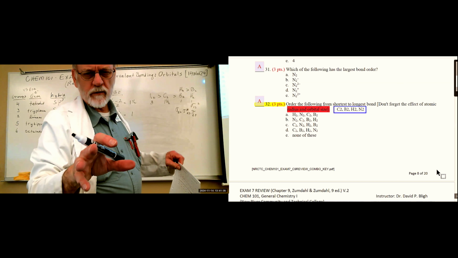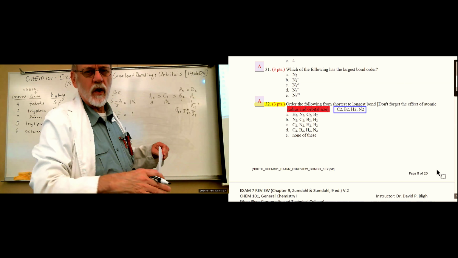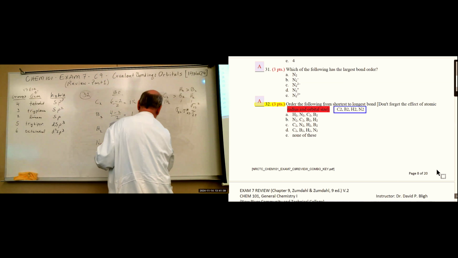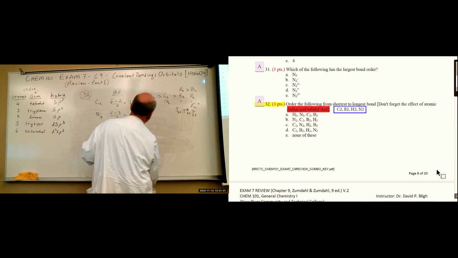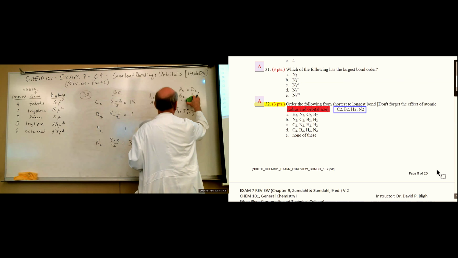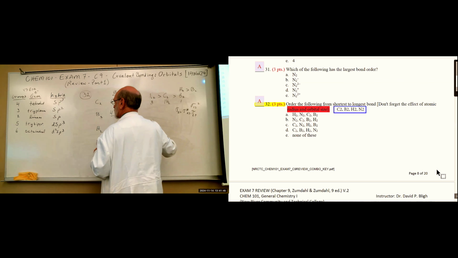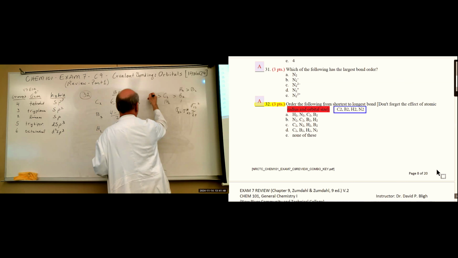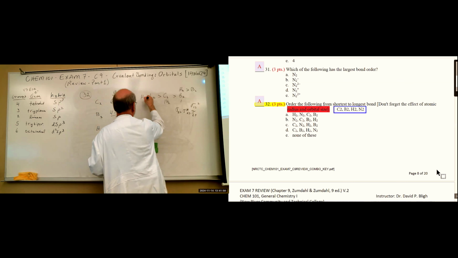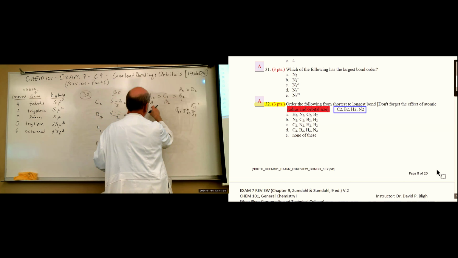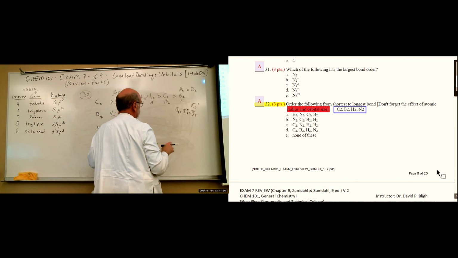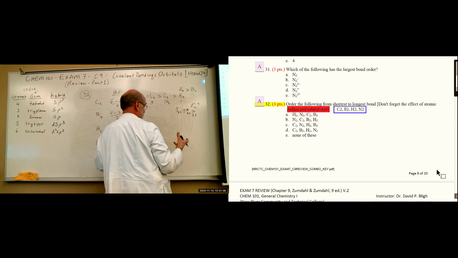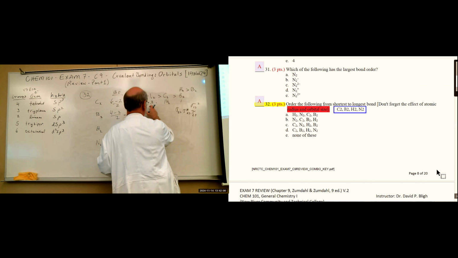Oh, wait a minute. Order the following shortest to longest. I'm sorry. Boron should be left where it is. But nitrogen is also a large nucleus. So the dihydrogen is going to be closer. Even though it's only a bond order of 1, the nuclei are going to be closer. The bond length is going to be shorter.